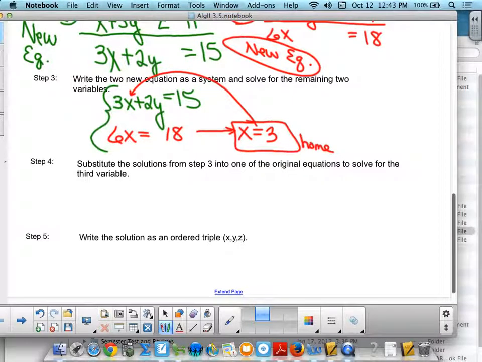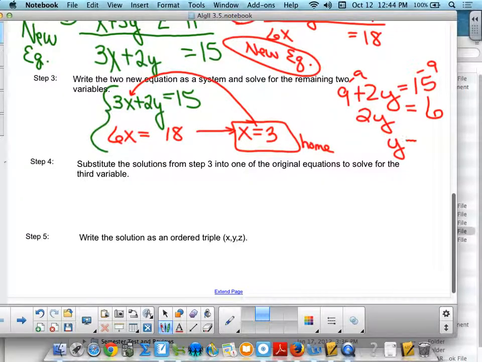If x is 3, you'll write 3 times 3 plus 2y equals 15. 2y equals, how do you get the 9 over? Minus 9, minus 9, what do you get? 6. Divide by 2, what's y? 3. So x is 3, y is 3.